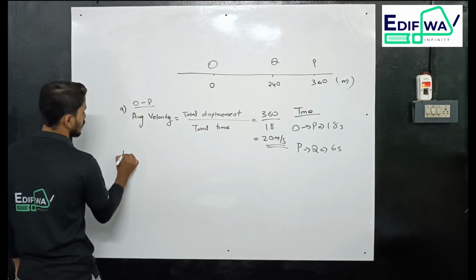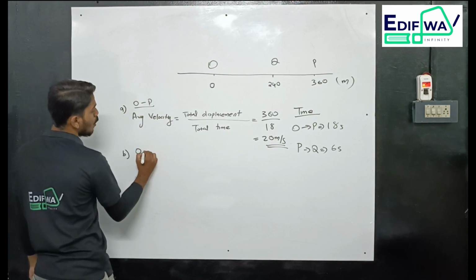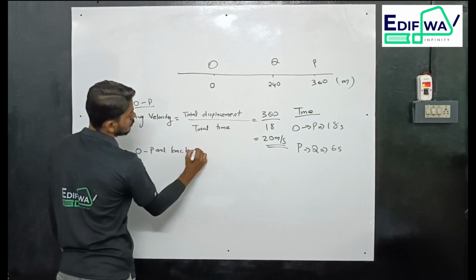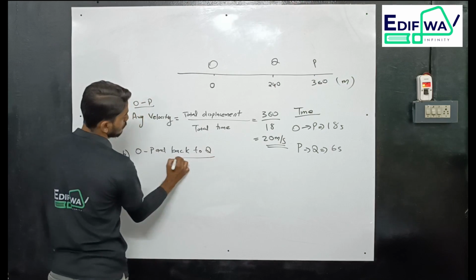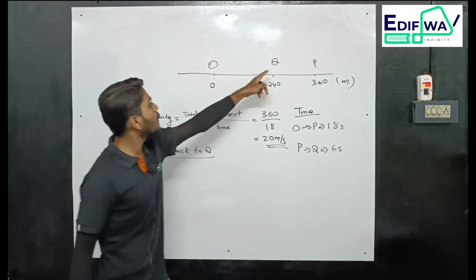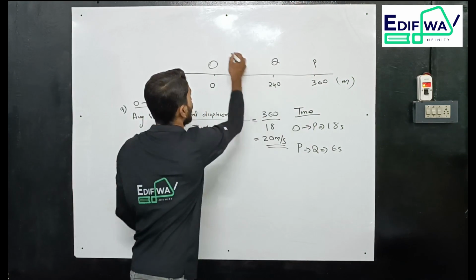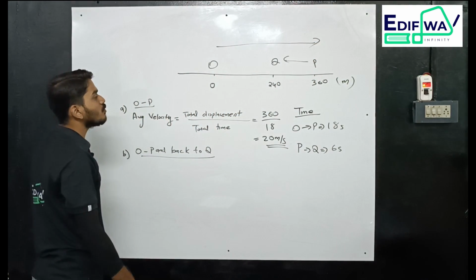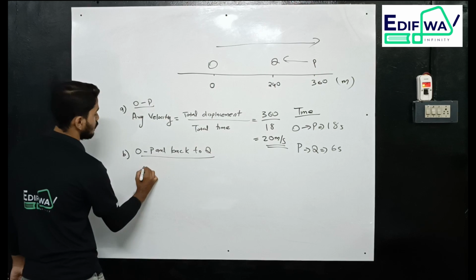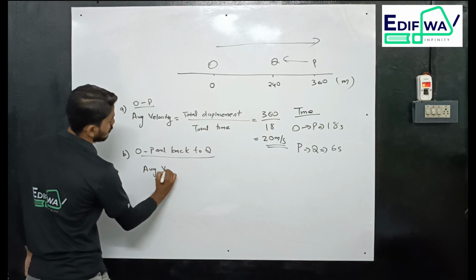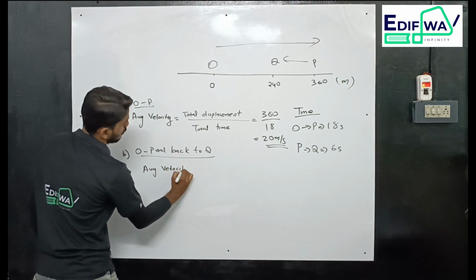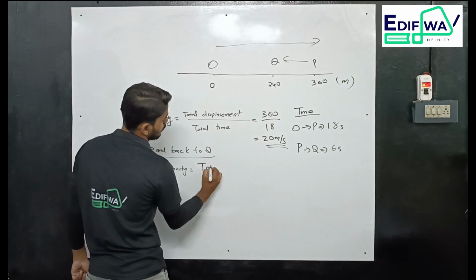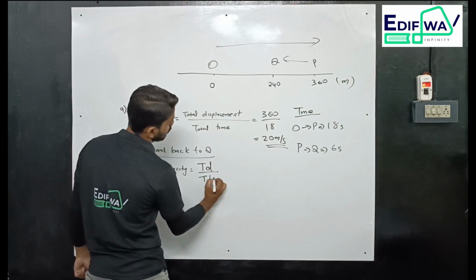Now what about question B? From O to P and back to Q. Then what about the displacement? We want to find average velocity, which is total displacement by total time.